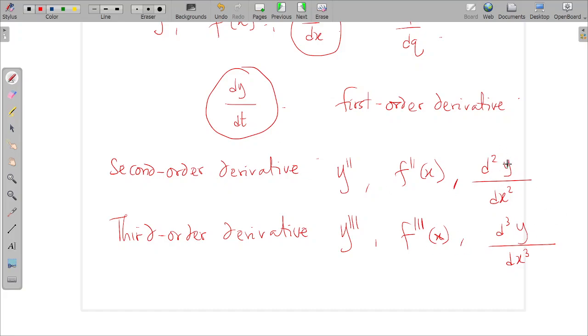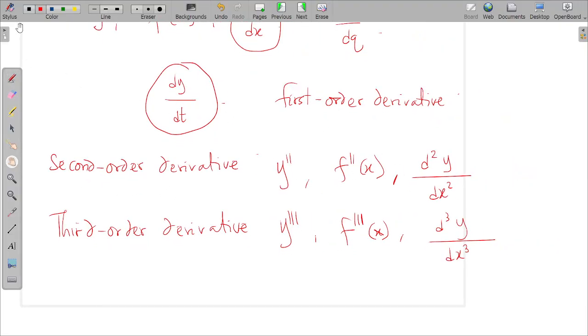Of course, we can also have it for f of x: d cubed f of x over dx cubed. You can also simply write d cubed over dx cubed f of x. Still fine, it's still the same.